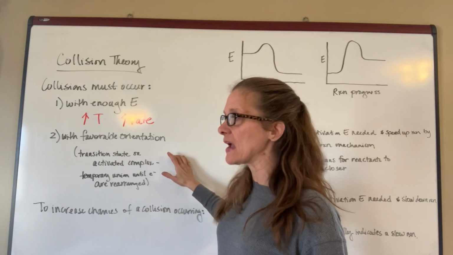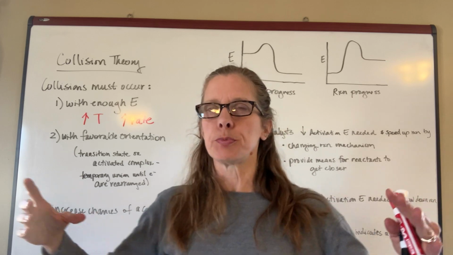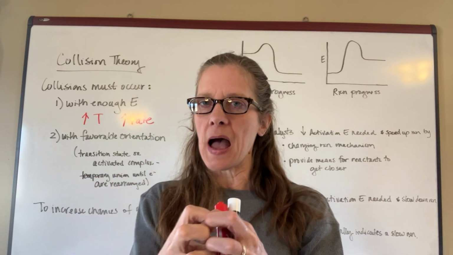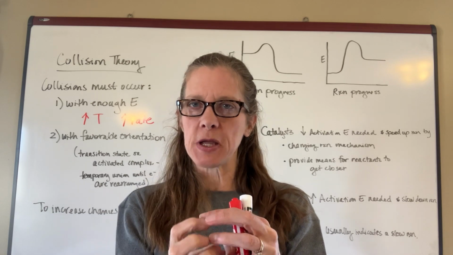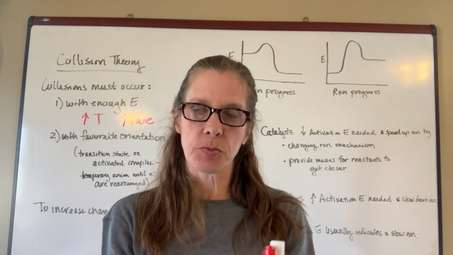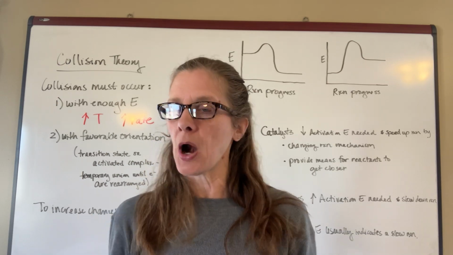As these two collide, if you put that in slow motion in your brain, once they collide, there has to be a rearranging of electrons in order for them to be able to separate into the new molecules that are going to be the products.